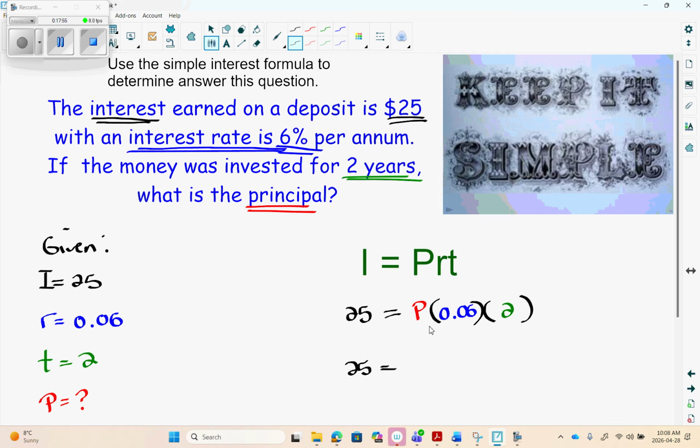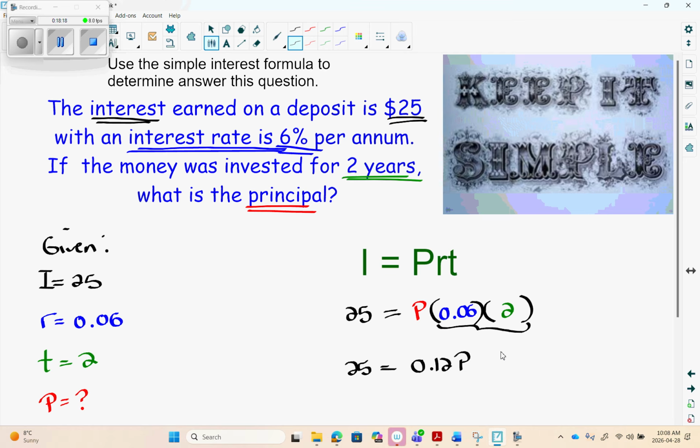Multiply on this side. What's 0.06 times 2? When I multiply those two things together, I get 0.12. And then it's multiplied by P. So instead of writing P times 0.12, I wrote 0.12P.